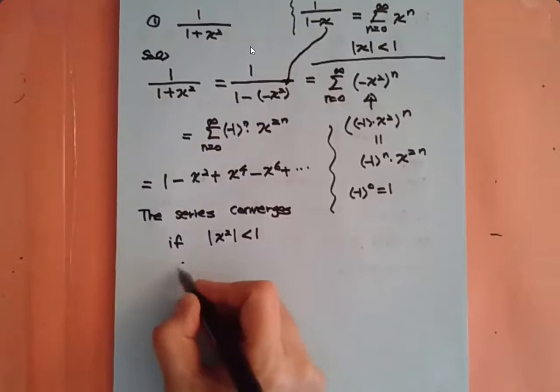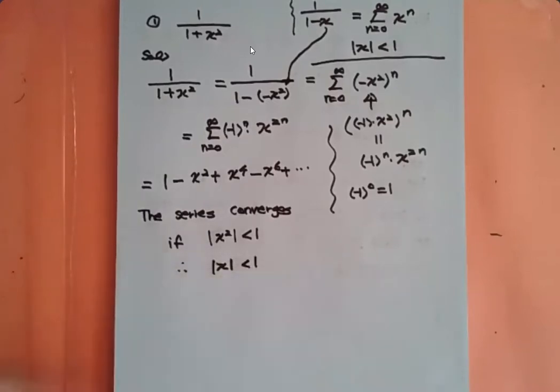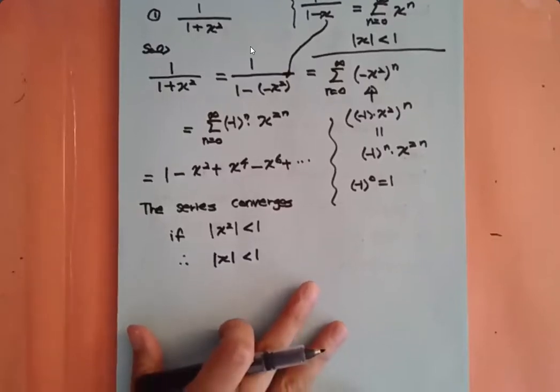So that implies the absolute value of x is less than 1. Do you have any question about this? I can explain further if you cannot understand.